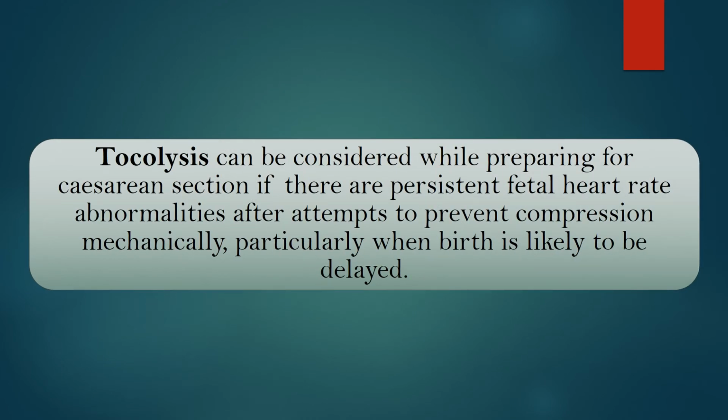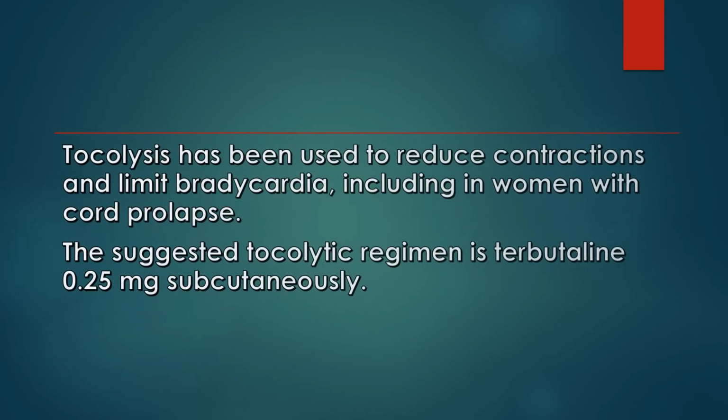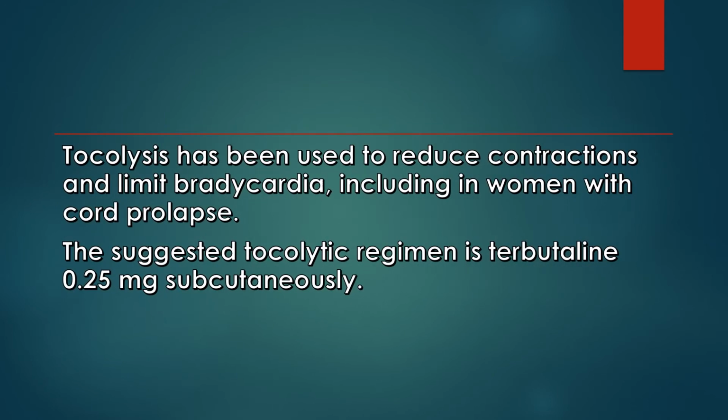Tocolysis can be considered while preparing for cesarean section if there are persistent fetal heart rate abnormalities after attempts to prevent compression mechanically, particularly when birth is likely to be delayed. Tocolysis has been used to reduce contractions and limit bradycardia, including in women with cord prolapse.